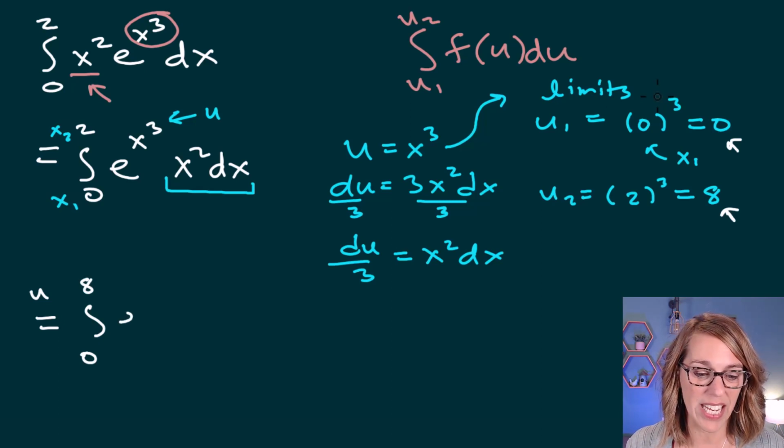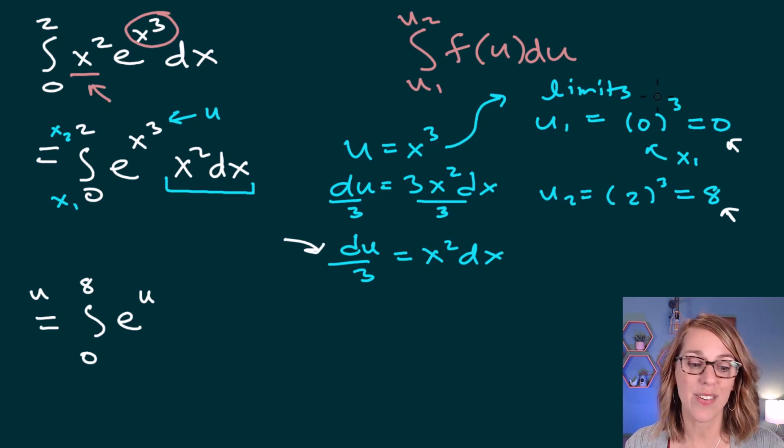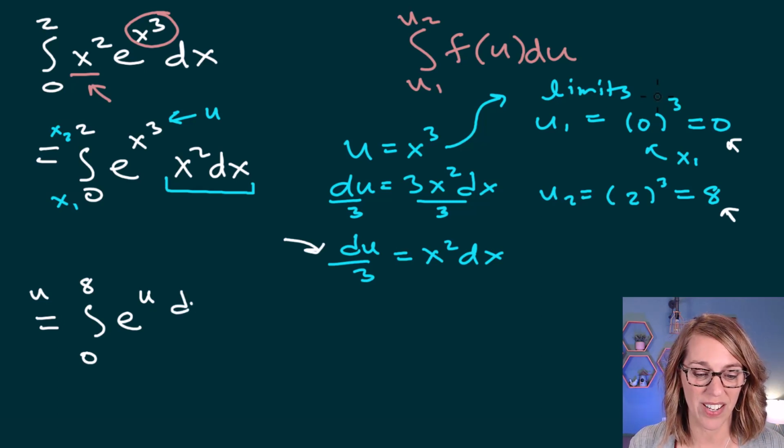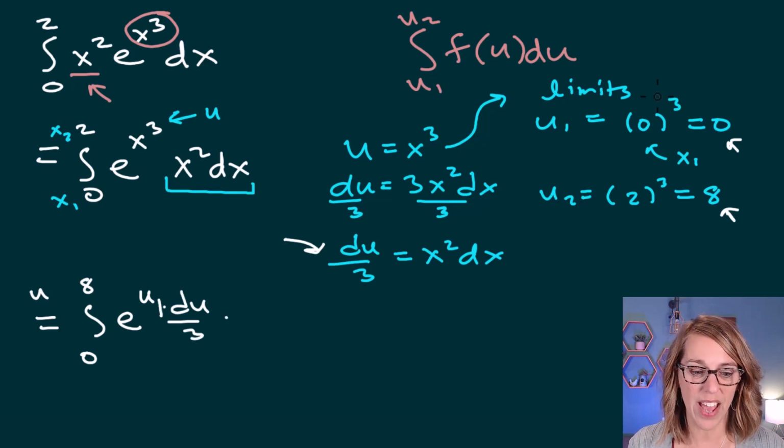I haven't replaced the e, but I have replaced the x cubed with u, and x squared dx can all be replaced with du divided by 3. So I get a du divided by 3. I can think of that divided by 3 as a 1/3. Let's bring that out in front before we integrate. So I've got 1/3, the integral from 0 to 8, e to the u du.